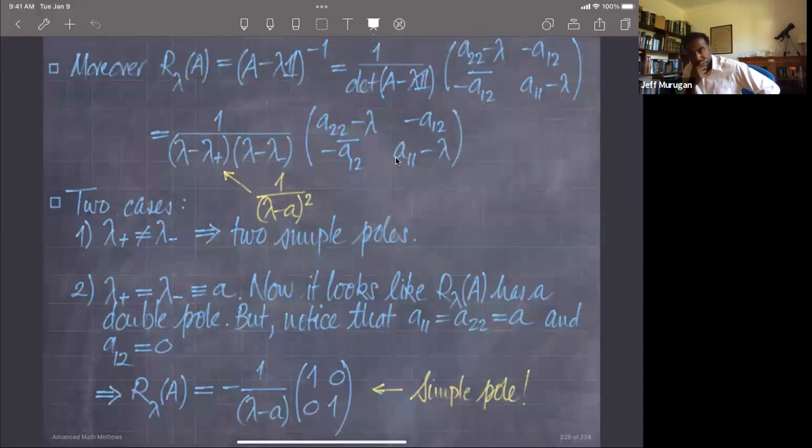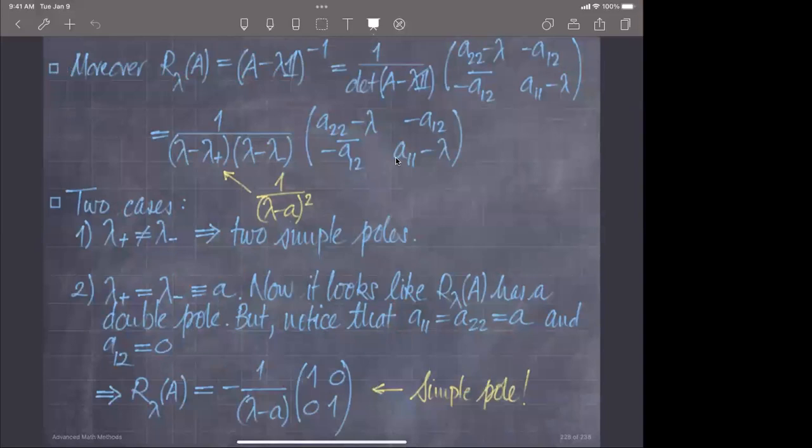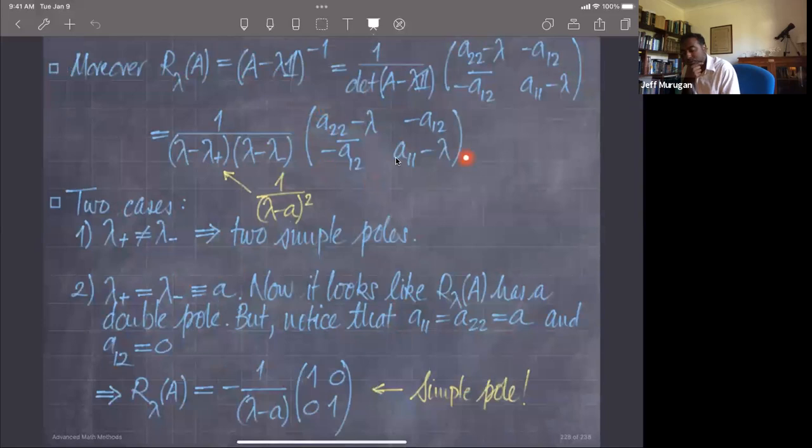So let's take that and plug it back into this matrix here. I get a minus lambda and a minus lambda, right? I get a 0 here and a 0 here.